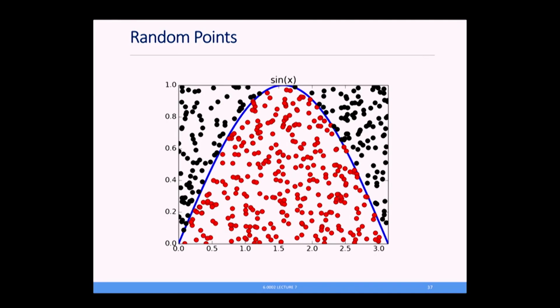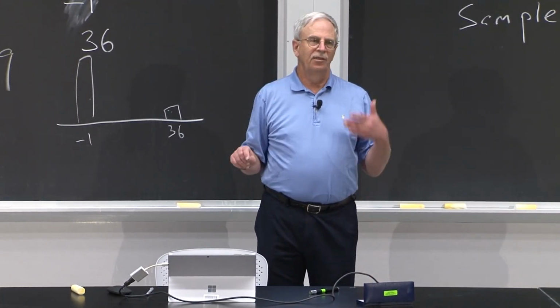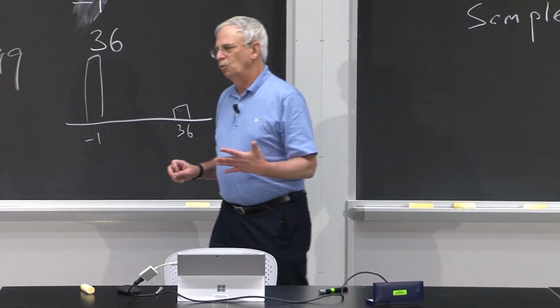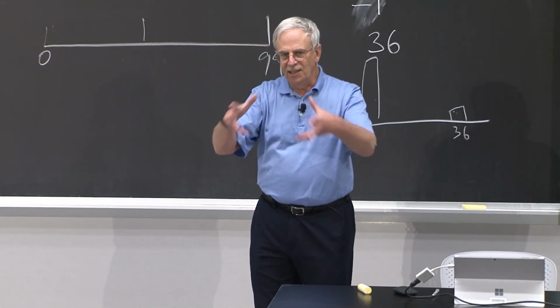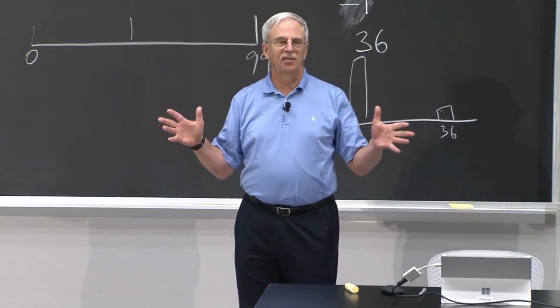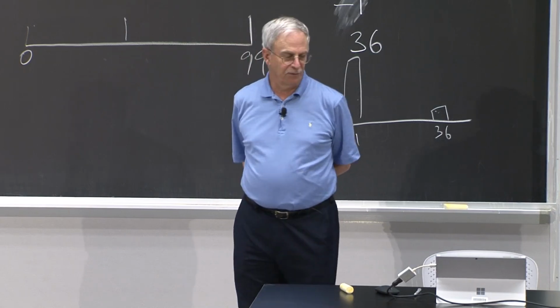So this shows how we can use randomness to, again, compute something that is not inherently random. This is a trick people use over and over and over again when confronted with some situation where it's not easy to solve for things mathematically. You just do a simulation, and if you do it right, you get a very good answer.